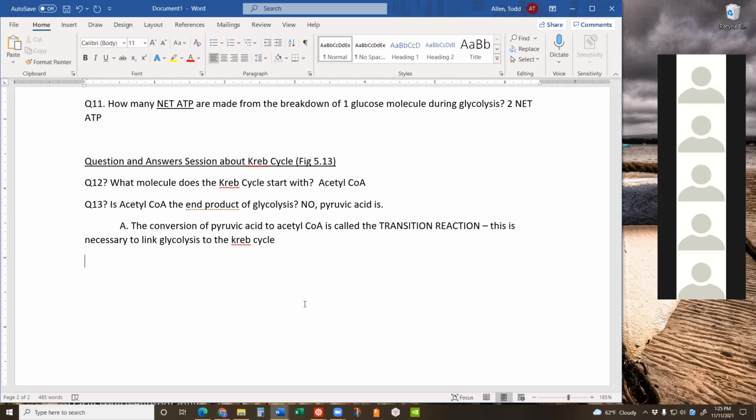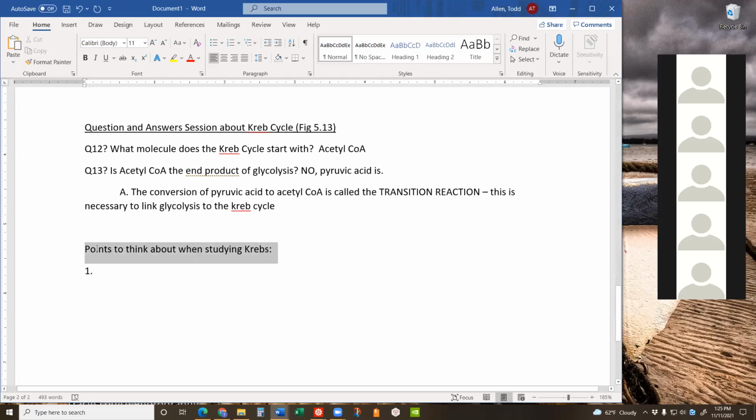So let's continue here. We're going to continue our coverage of the Krebs cycle. So I'll put it this way: points to think about when studying Krebs. Number 1, the Krebs cycle is also called the carboxylic acid cycle.